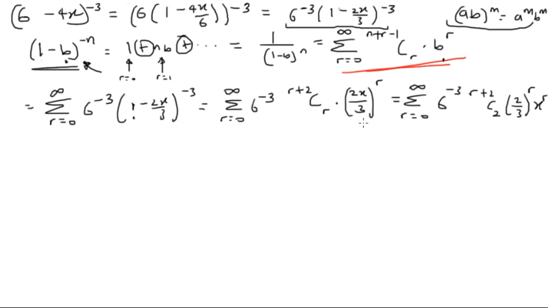Notice that I split this: 2x over 3, and then x raised to power r, which is still the same, according to this law too. Now notice that I changed r plus 2 combination r to r plus 2 combination 2.